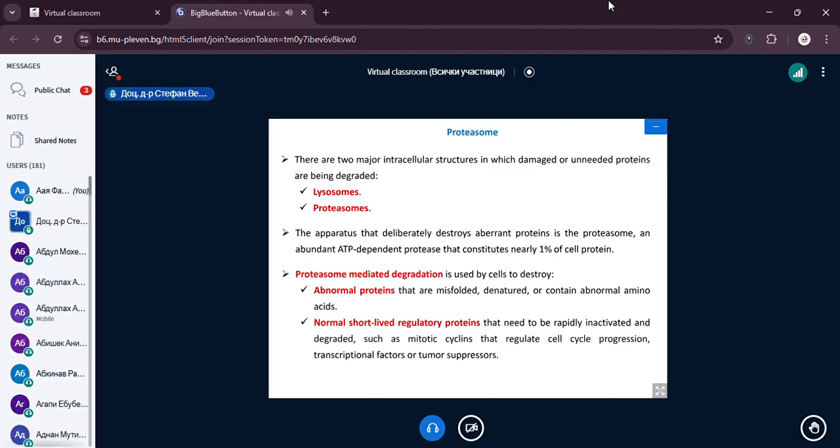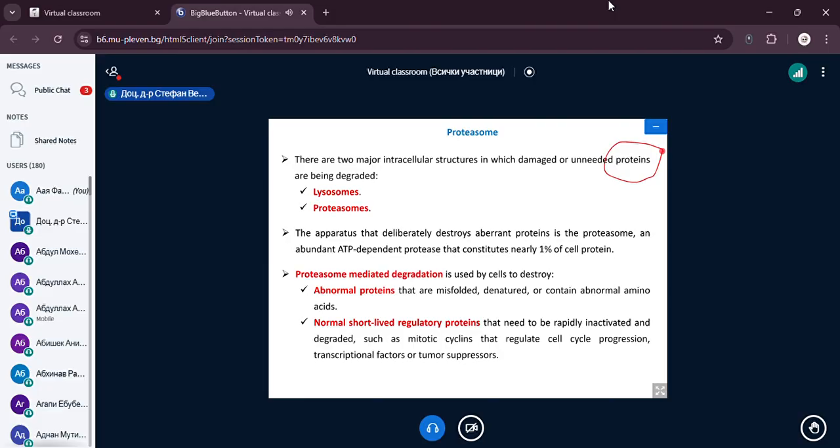Okay, so now we'll move to another intracellular structure in which degradation of damaged or unneeded proteins happens. See, only proteins.